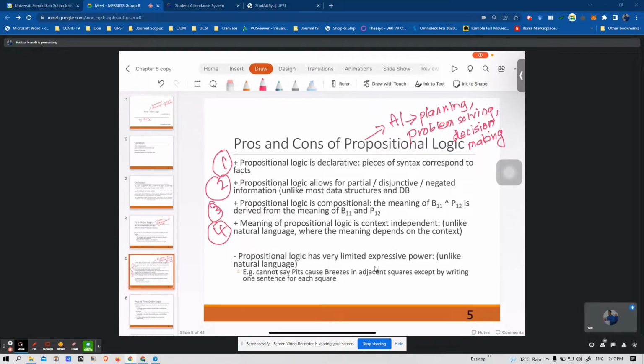We have a weakness. The primary weakness of propositional logic is lack of syntax, and a very limited expressive power, unlike natural language. For example, you cannot say pits cause breezes in adjacent squares except by writing one sentence for each square. This is the first one.